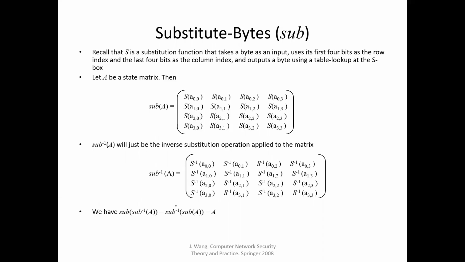Substitute bytes: we just apply the substitution function S on each element, and the inverse applies the inverse of S. This is also easy to understand. Sub inverse of sub of A gets A itself, and likewise sub of sub inverse of A gives you A back.